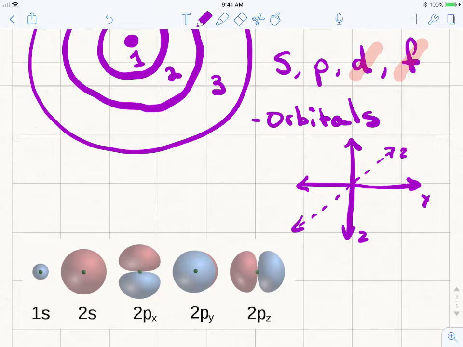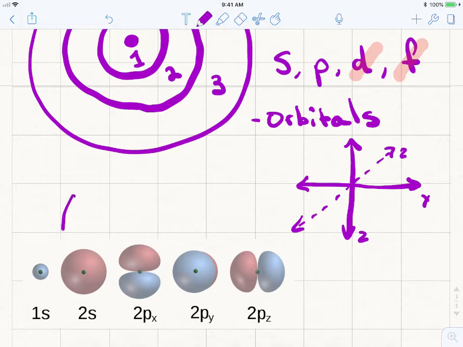If you think about the way that electron clouds are, they occupy a 3D space, and they occupy it unevenly. They're not all spheres. They exist in these shapes that we refer to as orbitals. This picture right here shows some of the ones that we're going to be talking about.